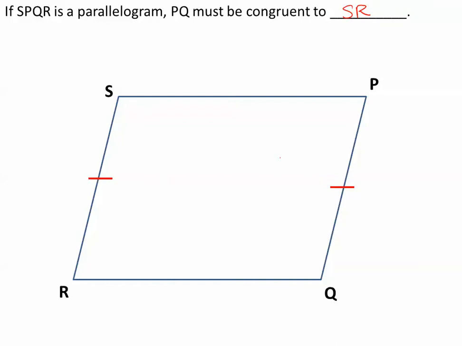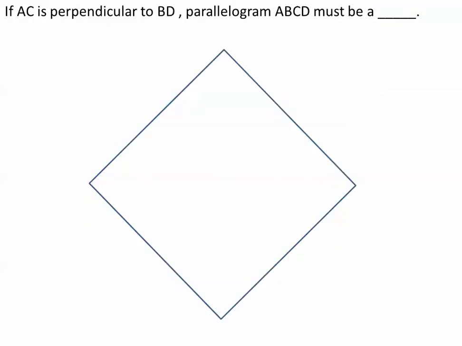Alright, let's try another one. If AC is perpendicular to BD, parallelogram ABCD must be a... Now I've kind of already drawn it, but we're not sure what shape it's going to be, but we've got a pretty good idea just looking at it. But remember, you name your vertices in consecutive order.